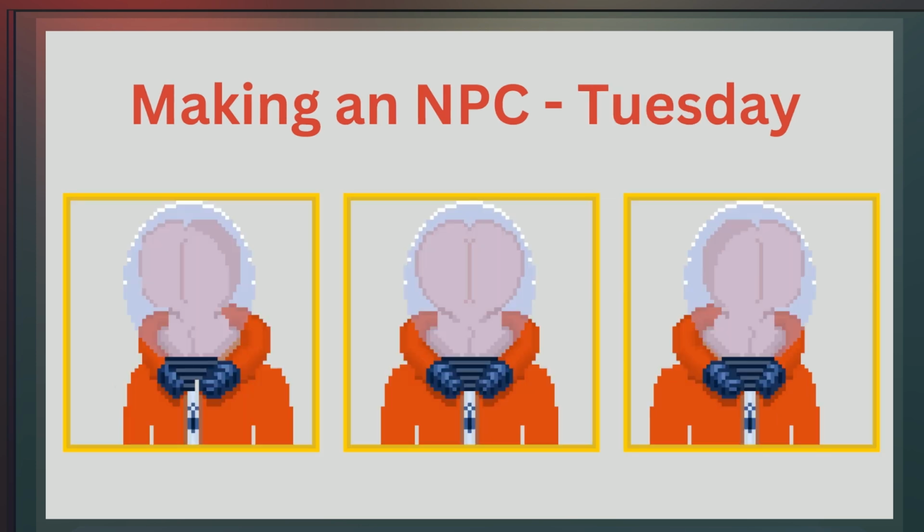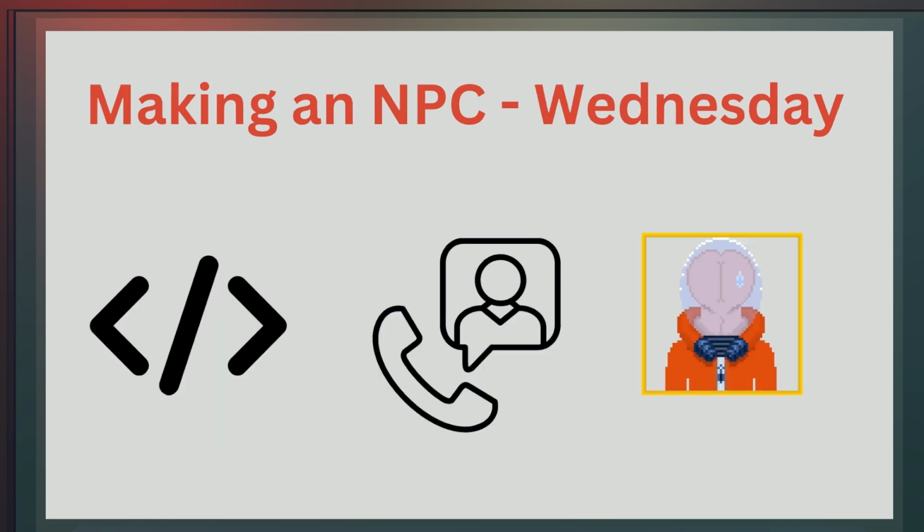Then on Tuesday, you have made more directions for this sprite to be facing because that's what the requirements are. You've also placed these sprites inside a parent object, which is these border boxes. On Wednesday, the code to determine the initial direction for each direction is completed.